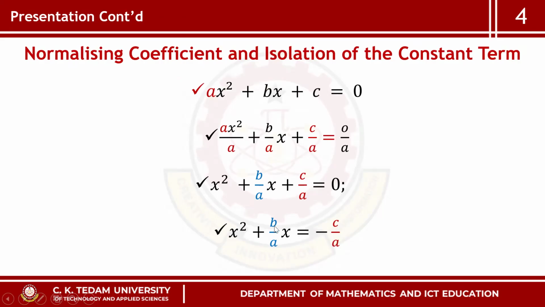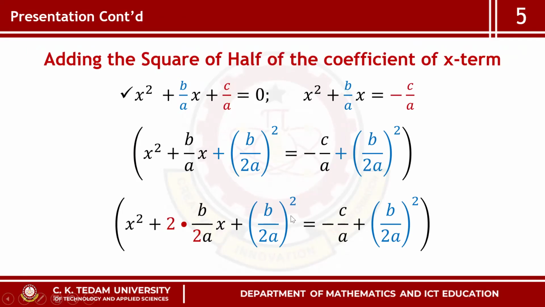We said the coefficient of the x term is b over a. Now, half of it will be b over 2a, or half times b over a, which will give us b over 2a. And when we square it, it will become b over 2a all squared.